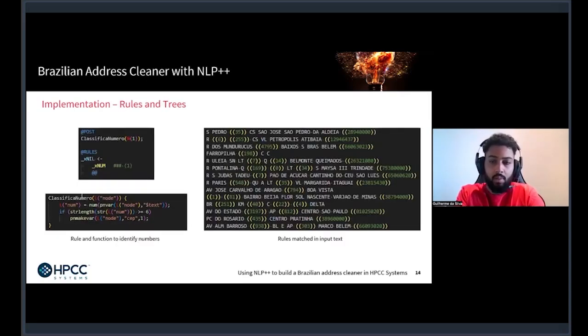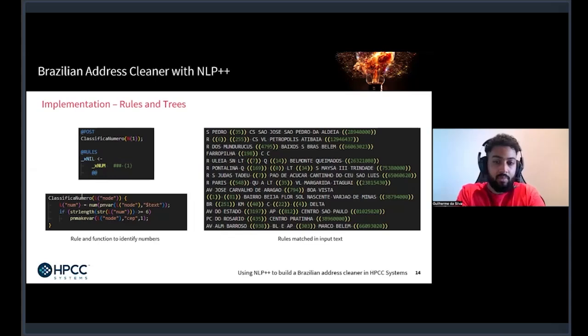With the dictionaries created, it's time to create the rules and functions to identify the parts of a text. For example, here we can see the rule created to identify numbers in an address, which can be a postal code or a house number, for example. And the function then classifies the number as a zip code or not.